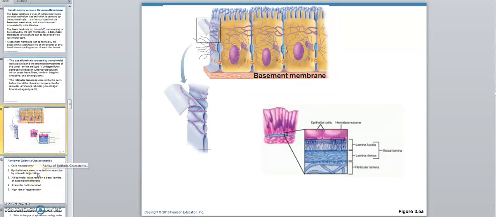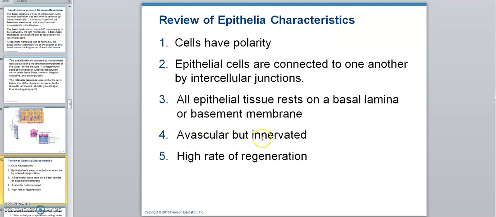Flicking them off. So let's go. Avascular, but innervated, meaning you can get a few nerves in there. High rate of regeneration. High rate of mitosis because they're the top layer, so they're constantly being flicked off.